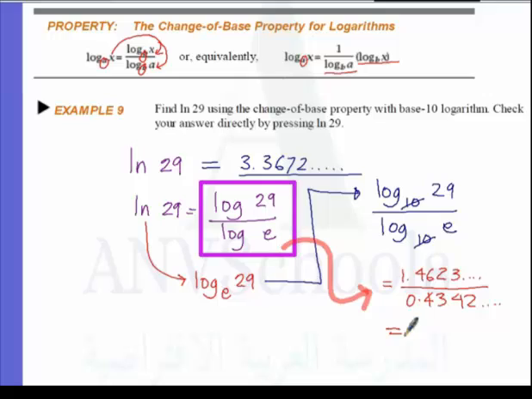And this is exactly similar to the ln of 29 taken directly from a calculator. So this is also equal to 3.3672. So notice that they are similar, which agrees with the previous value you got using the change of base property.